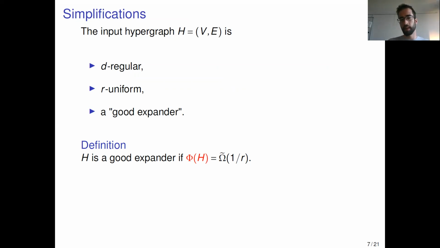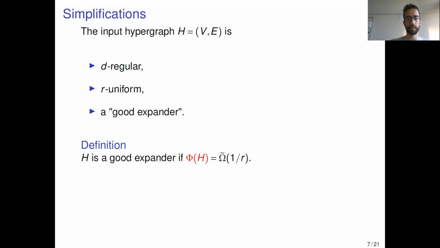Here, the best we can hope for is to have expansion 1 over r, and this is because the degrees of the vertices are blown up by a factor of r relative to the number of edges that exist in the graph. So actually, if you take a random cut, it will typically have expansion at least 1 over r. So we can't really hope for better expansion than that.